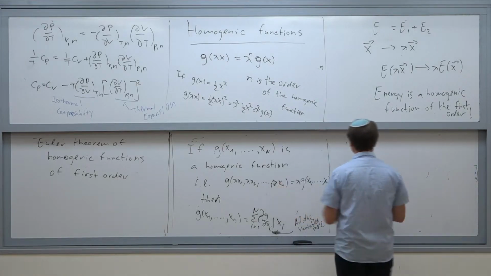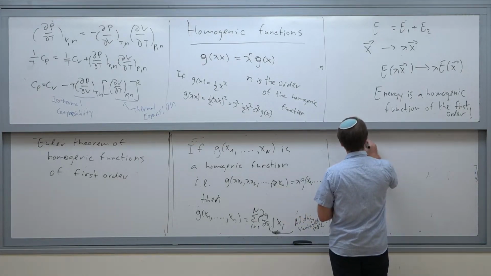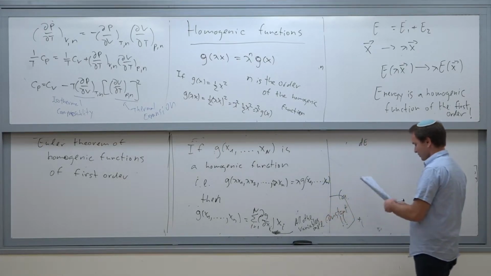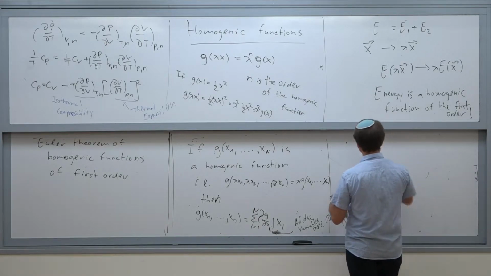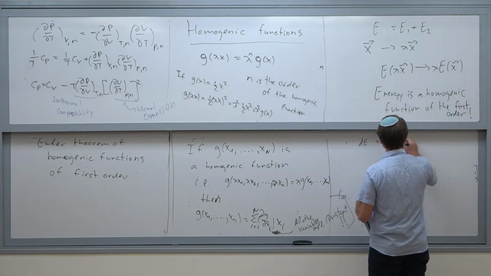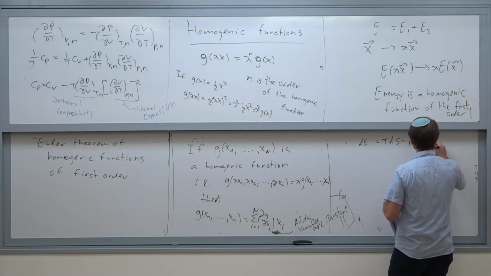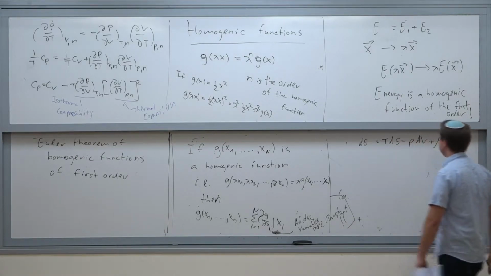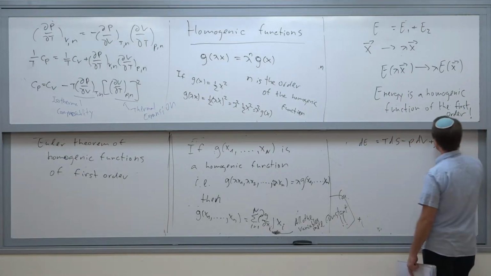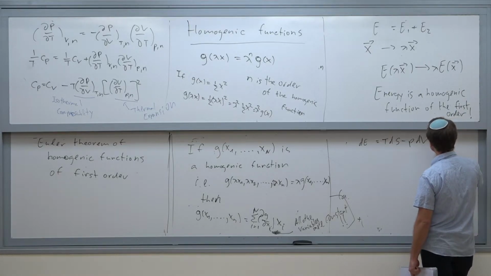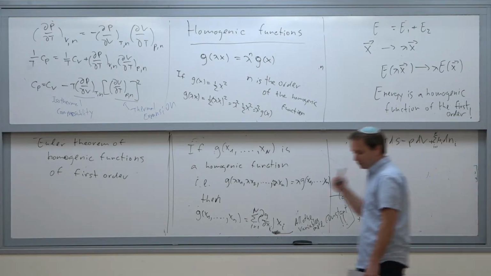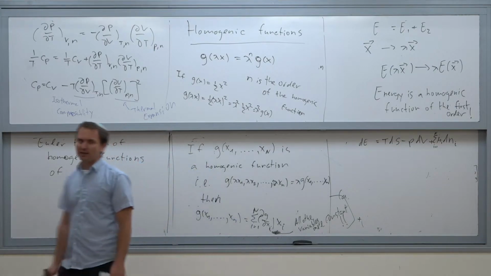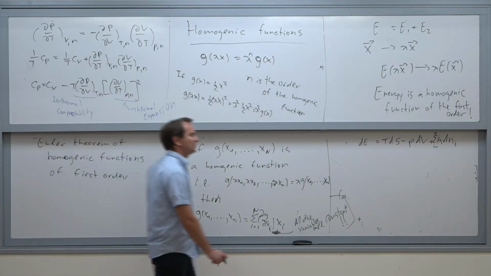And we know that dE equals TdS minus PdV plus mu dN, where in general it is plus a sum from i equals 1 to n of mu i dNi. This is our energy. How do we obtain it? We use the conservation of energy and the second law for the definition of the entropy.